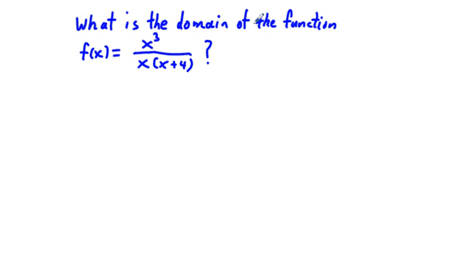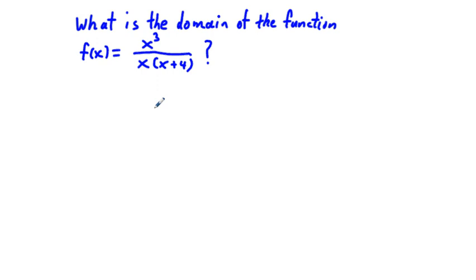Okay, next, what is the domain of the function f of x equals x cubed over x times quantity x plus 4? You could play around with the calculator with this and see the exclusions, but basically, there are exclusions to the domain where the denominator is equal to 0.